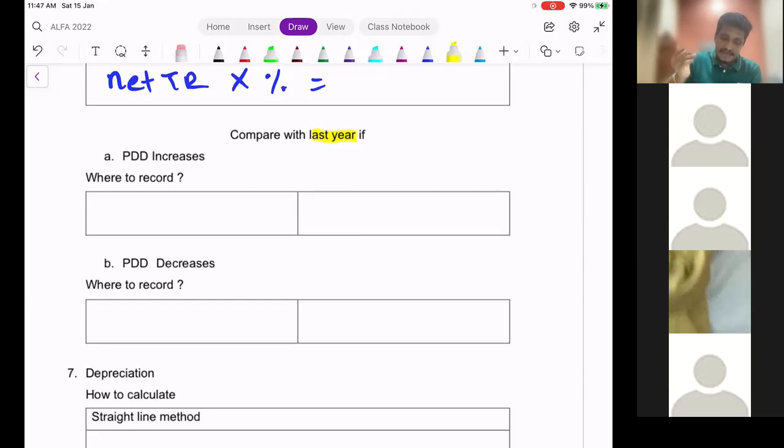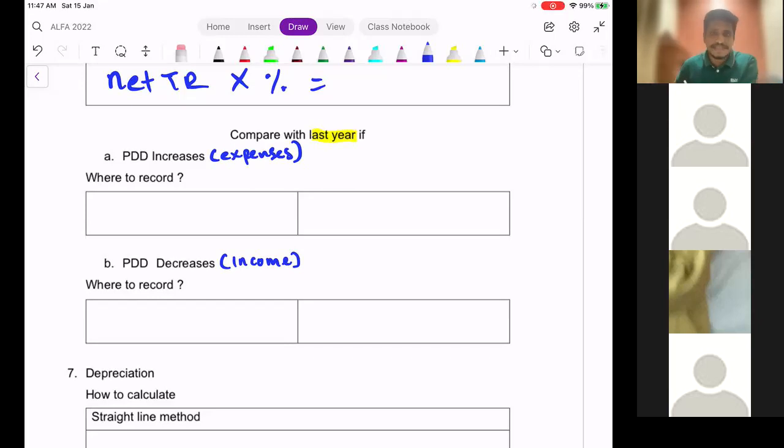If I'm comparing with last year and your PDD increases, it will be my expenses. If your PDD decreases, it's my income. Understand or not? If my PDD increases, it is my expenses. If my PDD decreases, it is an income. Because PDD is not a good thing.